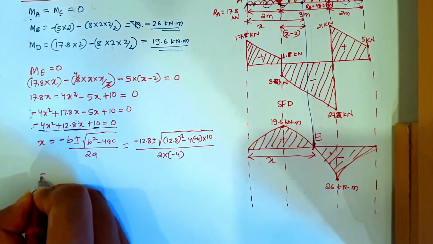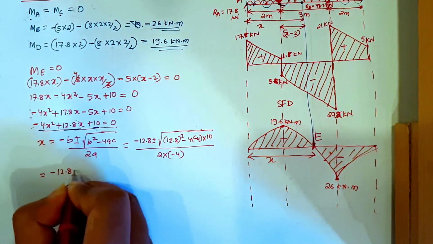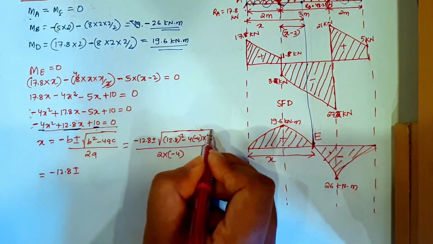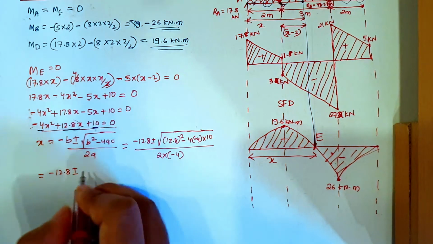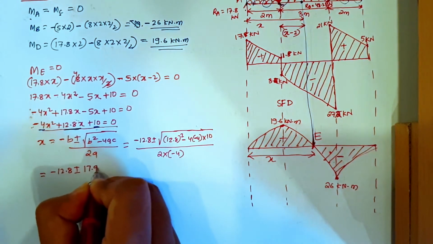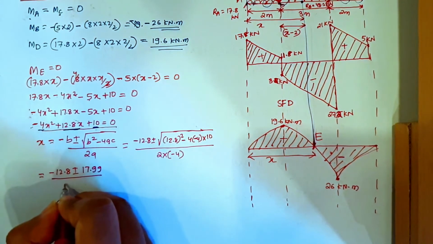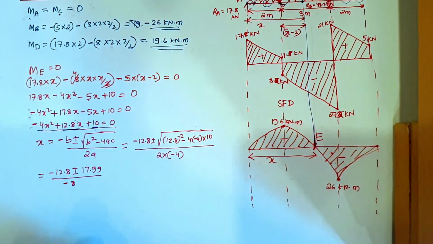So if you further solve this, you will get minus 12.8 plus minus, if you solve this inside the bracket, you will get 17.99 divided by minus 8.